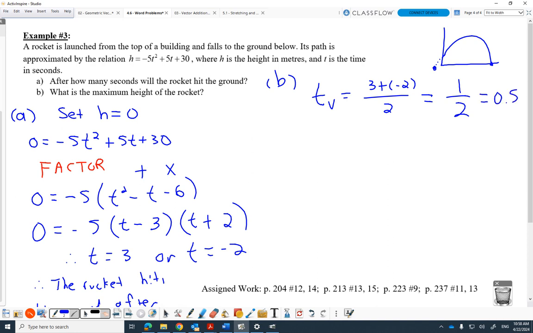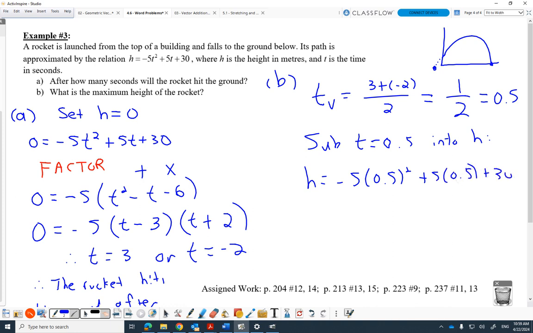How do I get the maximum height now that I know the time? Just sub it in. Sub t equals 0.5 into h. So I get h equals negative 5 times 0.5 squared plus 5 times 0.5 plus 30.